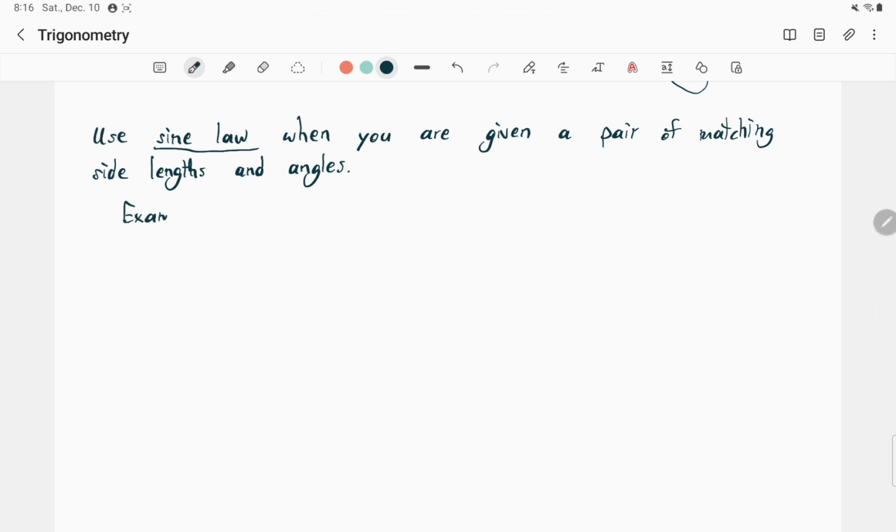So here, take a triangle that looks something like this. Let's say you have a triangle. Give me a second to draw this out here. It's not a right angle triangle, clearly.